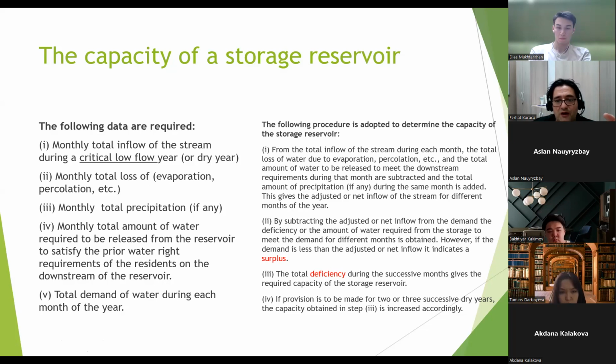For example, if people are villagers and are supposed to carry out some agricultural activities, their fields or activities may require more water than usual. So these are also parameters you should consider. And also the total demand during each month of the year. I mean, the domestic and industrial consumption should be considered too. These are the data you should consider while making the design.